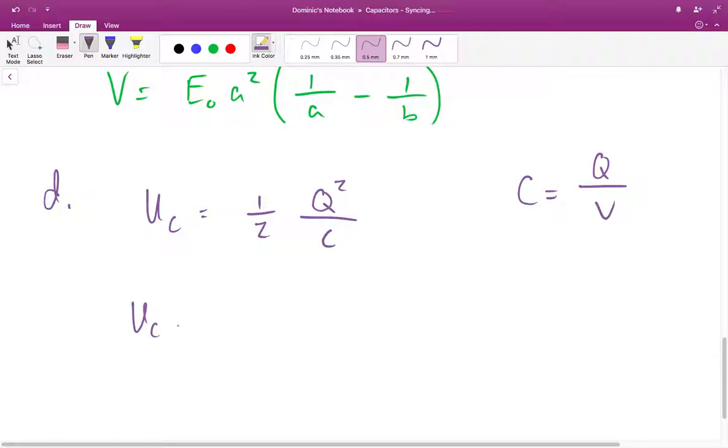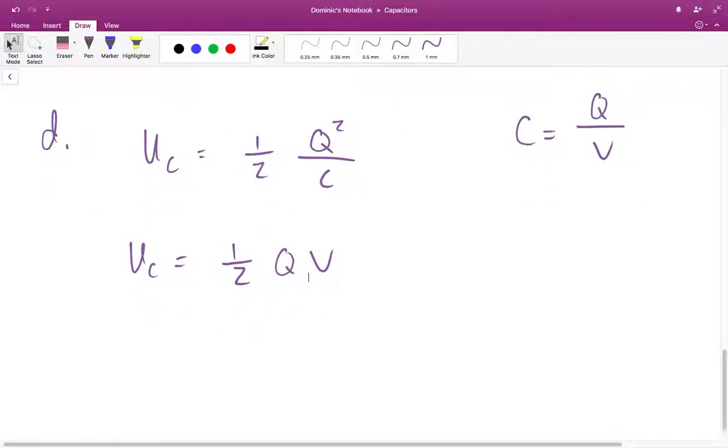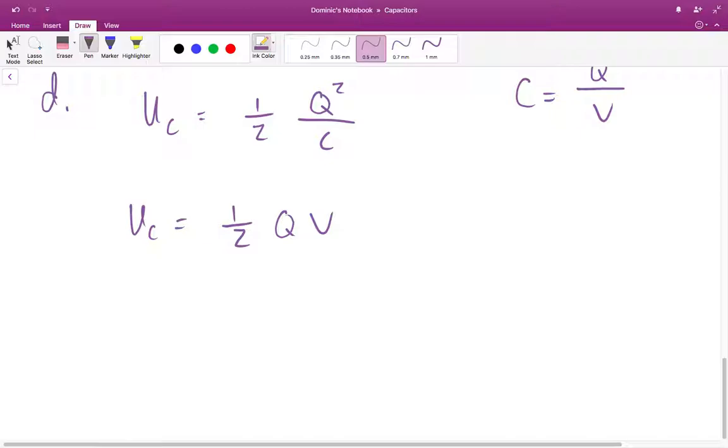So U is equal to 1/2 times Q times V, if I substitute Q over V in for C. There's basically 3 ways to represent the energy stored in the capacitor. You just need to change your variables out for either Q, V, or C. So this is what we are going to use because we know these values.